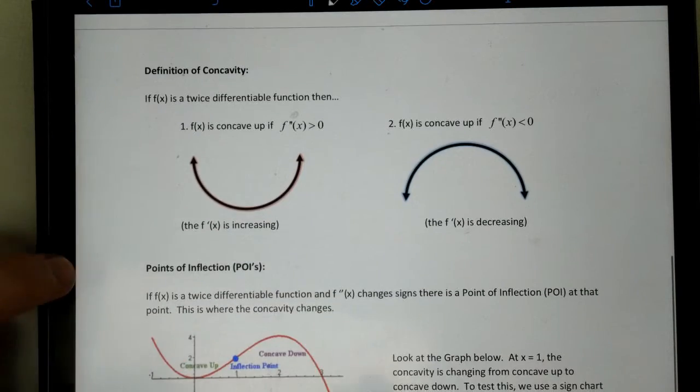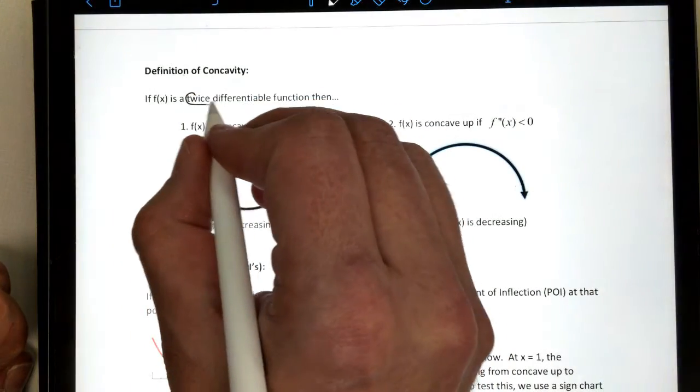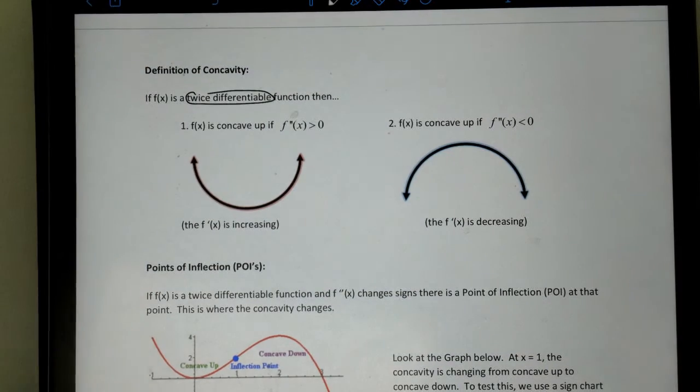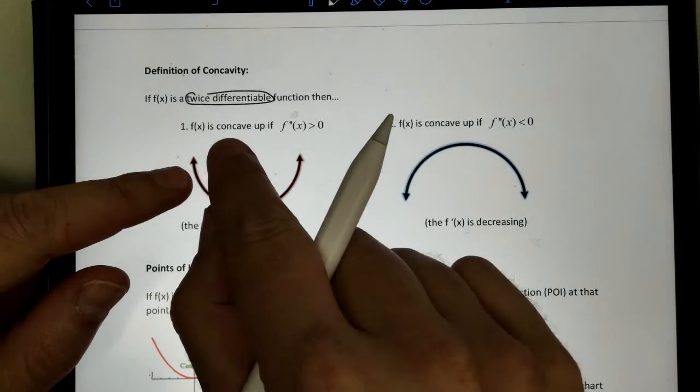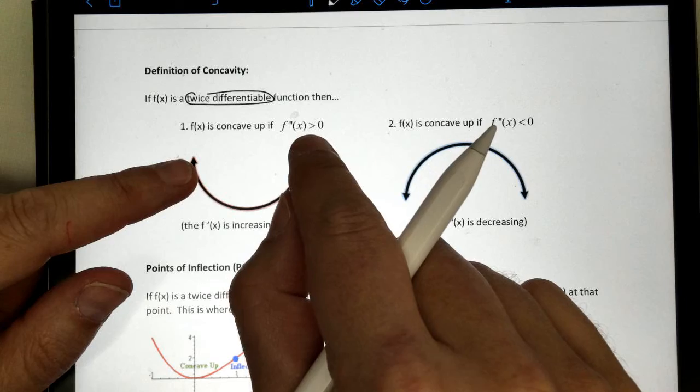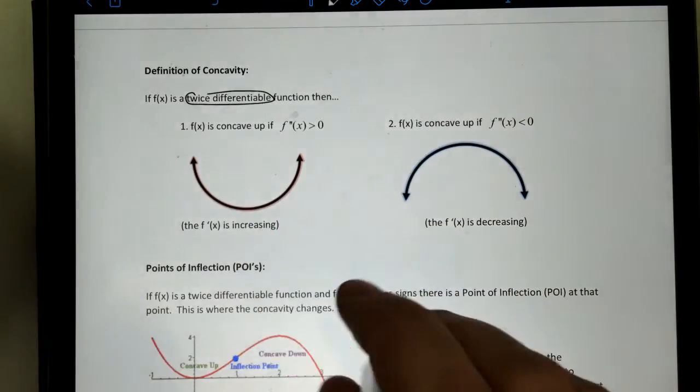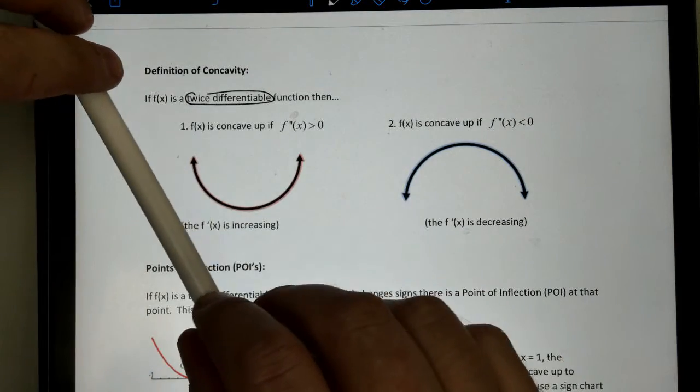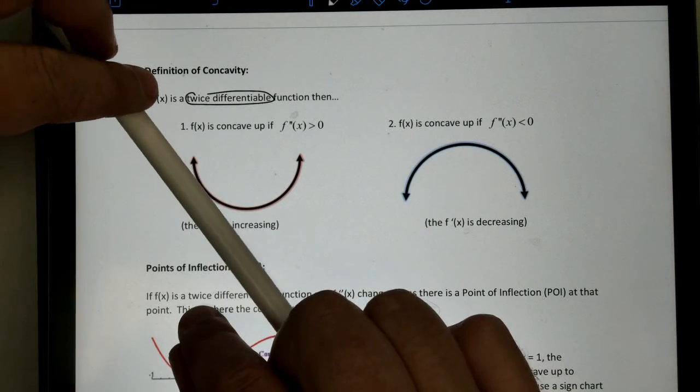If f is a twice differentiable function, then we can say the following. F of x is considered concave up if the second derivative is positive. Now, another way to look at concave up is we say that the slope, that the derivative, is increasing.